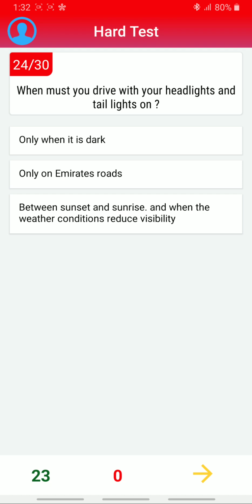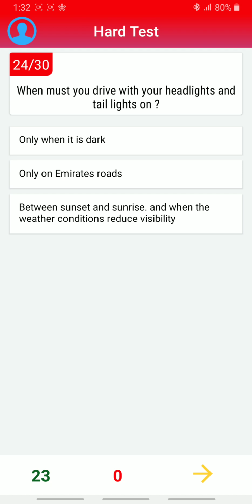When must you drive with your headlights and tail lights? And of course, in bad weather conditions. Yes, the third option, between sunset and sunrise. Yes, this is the one.